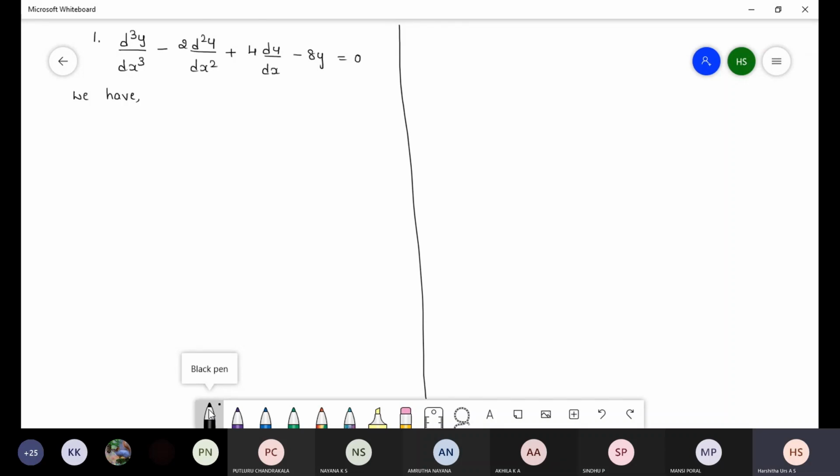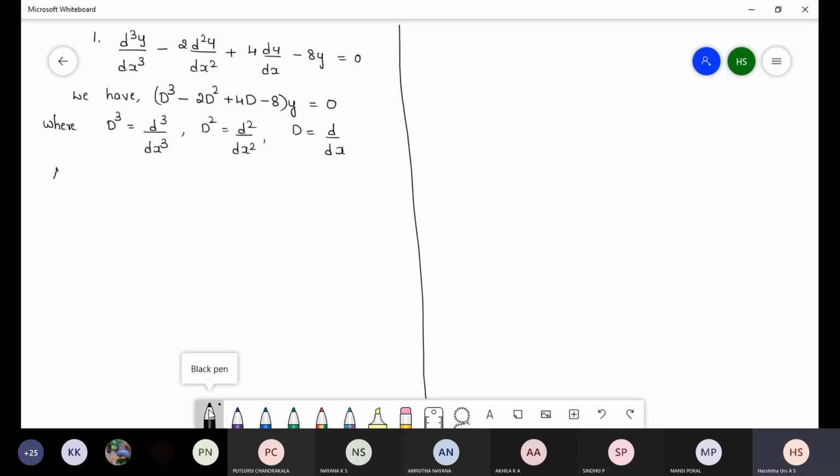So here d cube minus 2d square plus 4d minus 8, whole into y, is equal to 0, where you can write d cube is d cube divided by dx cube, d square is d square divided by dx square, d is d by dx. In every term we will find y as common, so I wrote y outside.